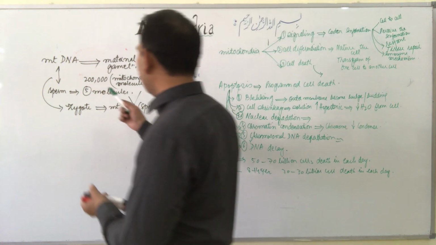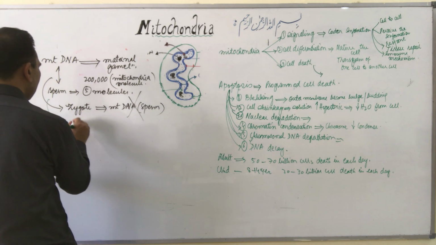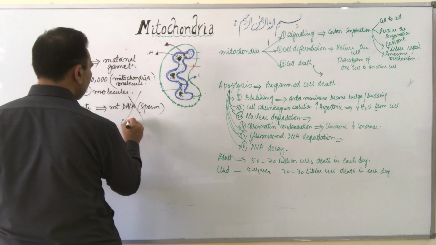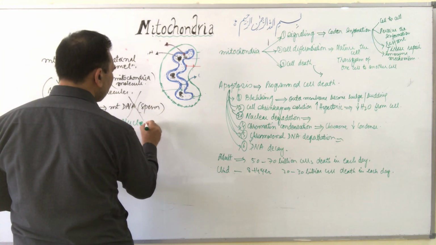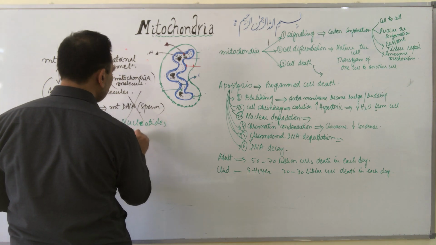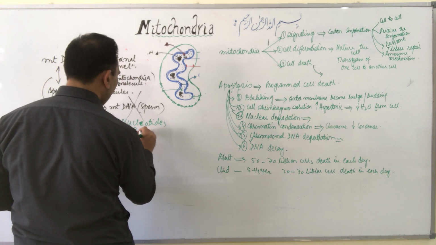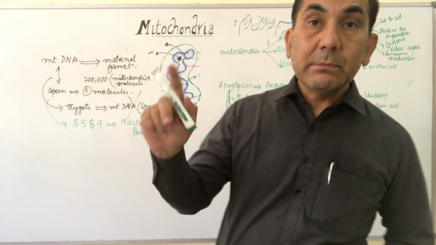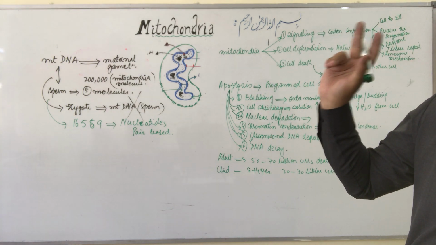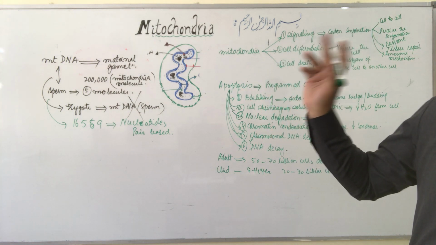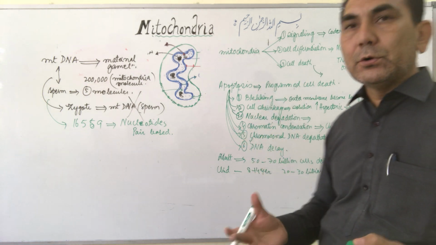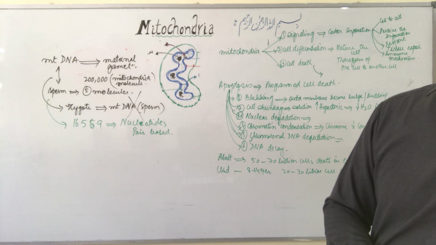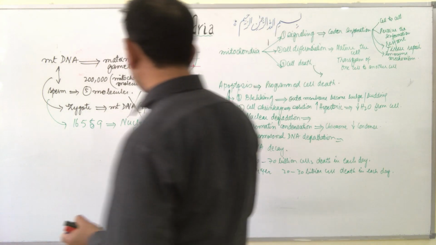Mitochondrial DNA contains around 69 nucleotide bases, purine bases. In one maternal mitochondrial DNA, 16,569 nitrogenous base pairs are present, and around 13 proteins.